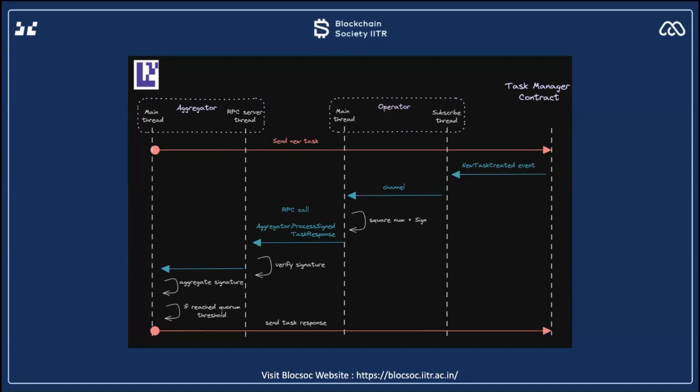Now, let's talk a bit about signature aggregation. If I've talked about it in a previous lecture, Ethereum itself uses something called BLS aggregation, which is a signature scheme that allows you to combine multiple signatures into a single signature. And if you can verify that signature, then you know that all of the underlying signatures are also valid.